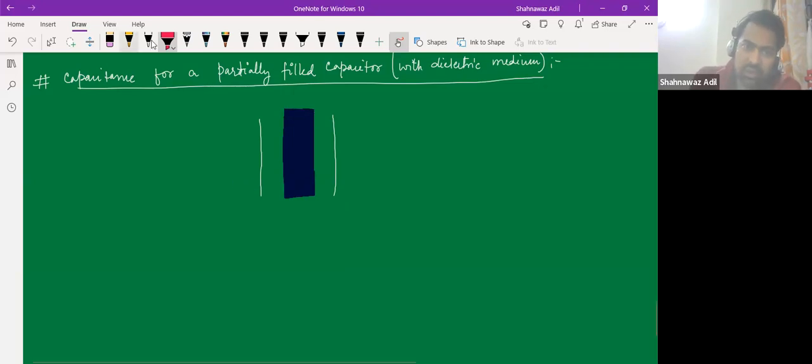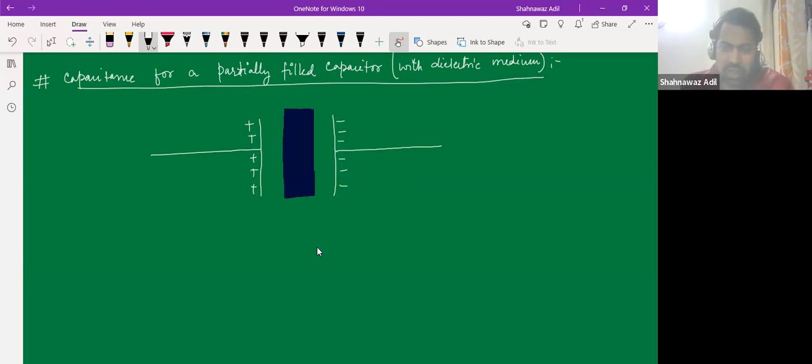Let's say that the thickness of this slab is T. Then what would be this separation? What would be this air part?